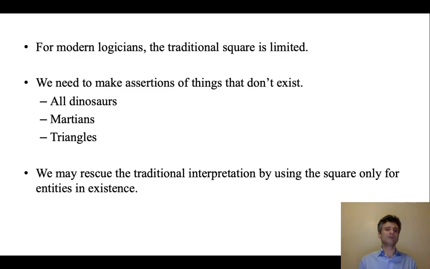Well, maybe it is possible, you might think, to rescue the traditional interpretation just by using the square only to deal with entities that exist for real. But this move is not going to rescue the traditional square of opposition.